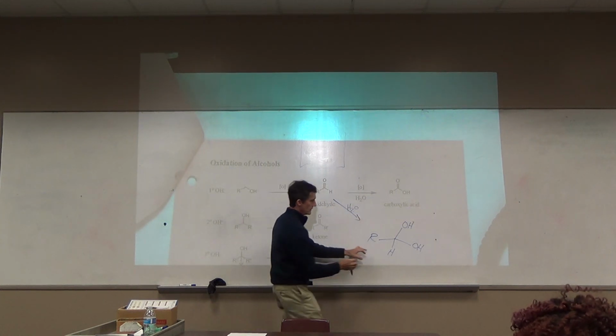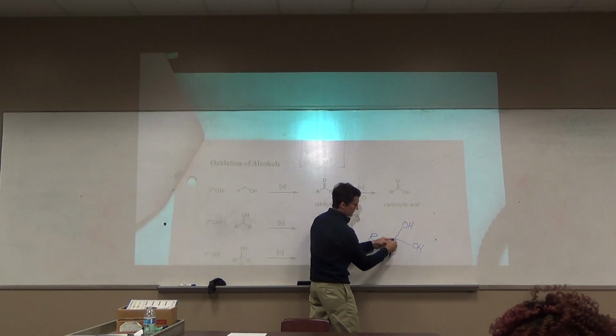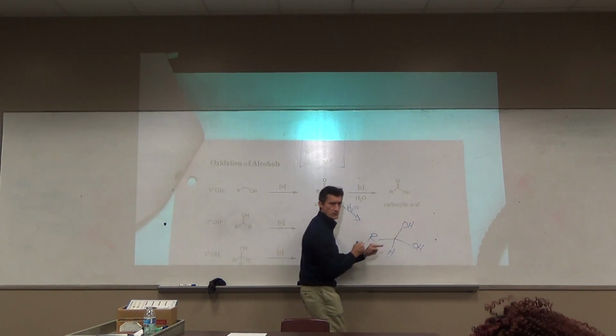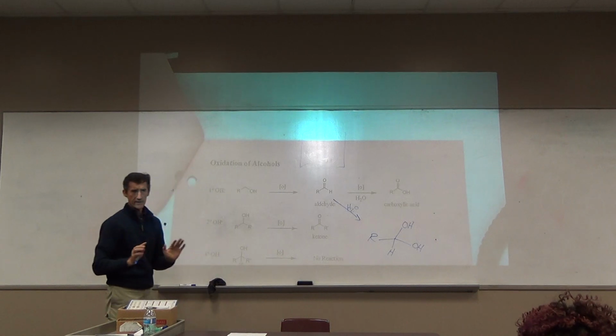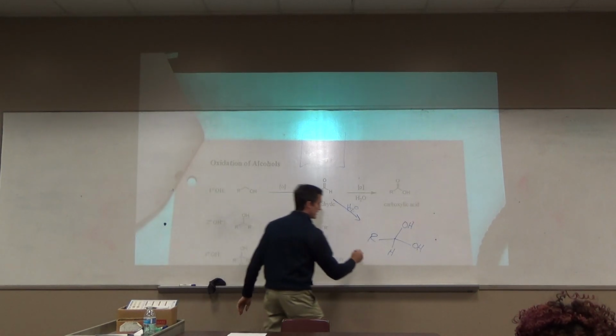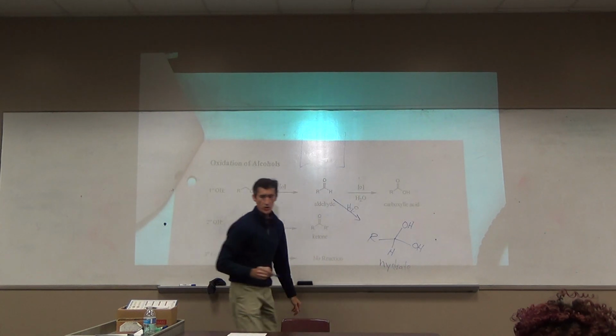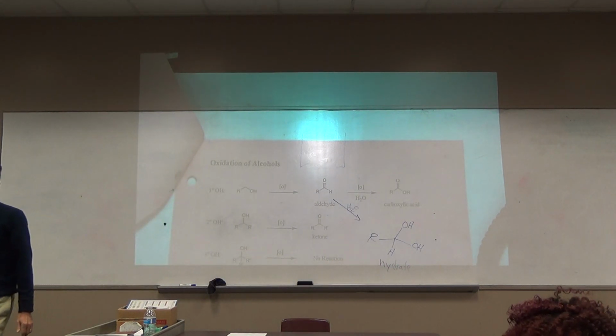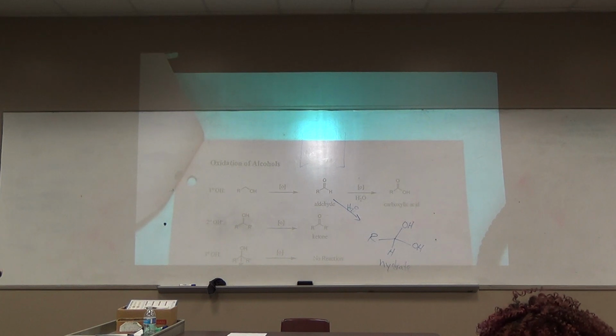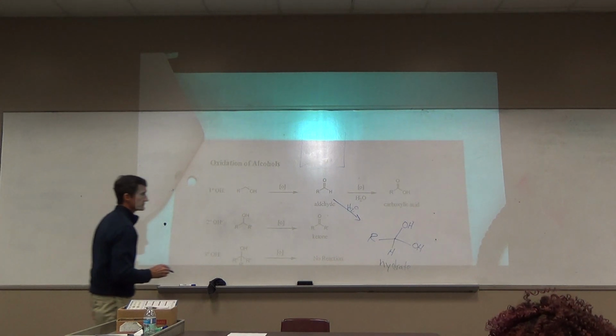Water adds to carbon, electrons up, and then do a proton transfer. That's all it is. We will see this later. This is called a hydrate. More specifically, a carbonyl hydrate. It's because we just added water to the carbonyl. And when you add water to something, you call it hydration. Okay? We will see that.